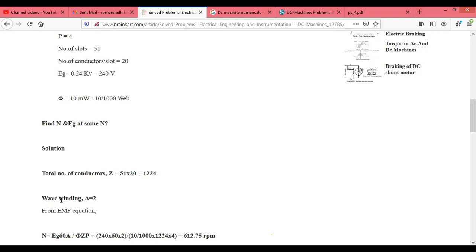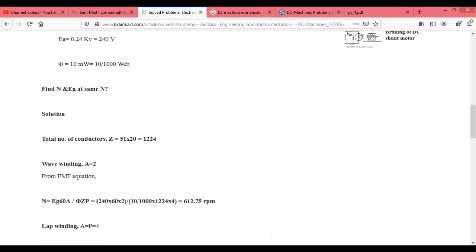But if there is a lap winding, at that time you are supposed to consider A equal to P. Okay. Depending on only this thing, your answer will change. So remember that. If they have given wave winding, you can take A equal to 2.